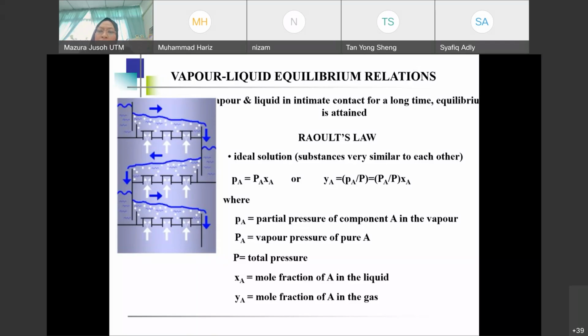Do you remember the equation for Henry's law? You don't remember anymore? What's the equation?